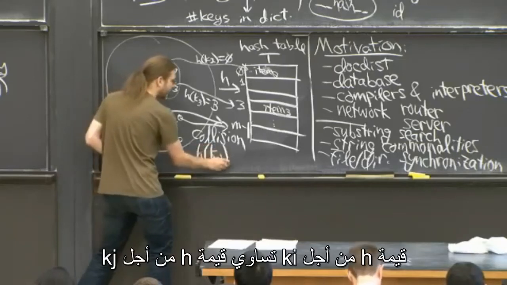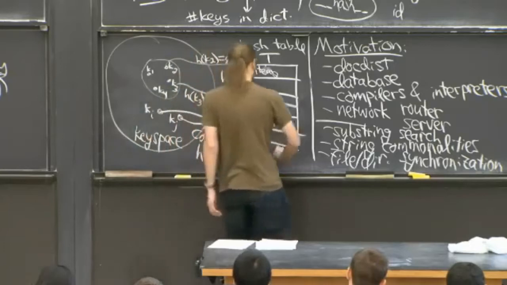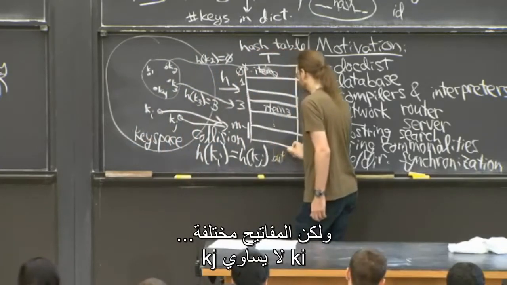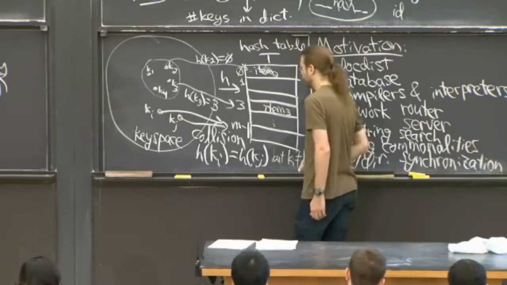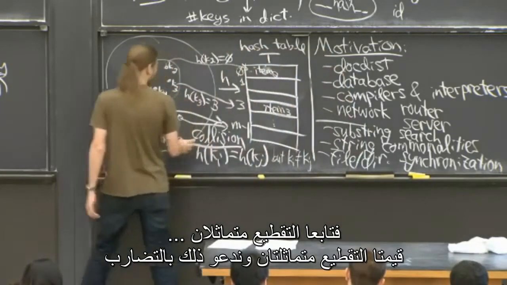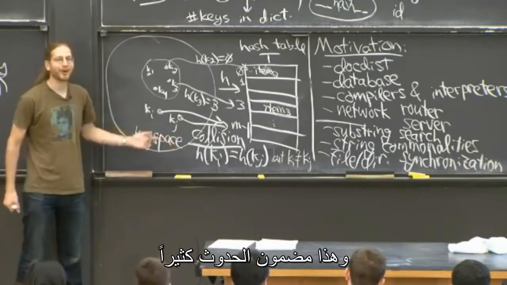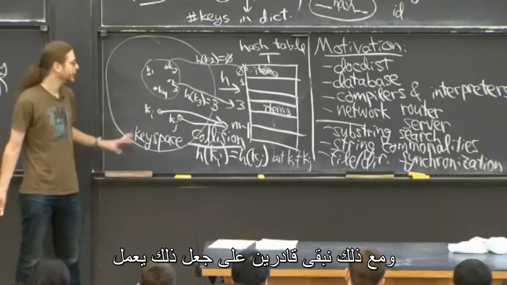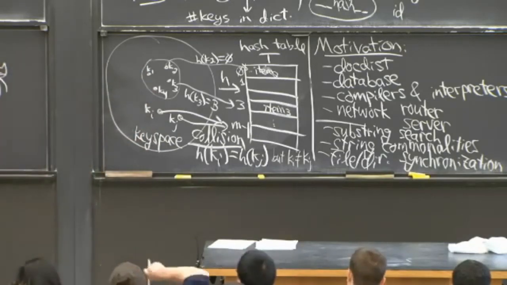If h of Ki equals h of Kj, but the keys are different, so Ki does not equal Kj, yet their hash values are the same, we call that a collision. And that's guaranteed to happen a lot. Yet somehow we can still make this work. That's the magic.